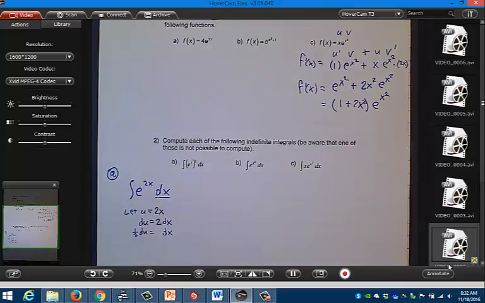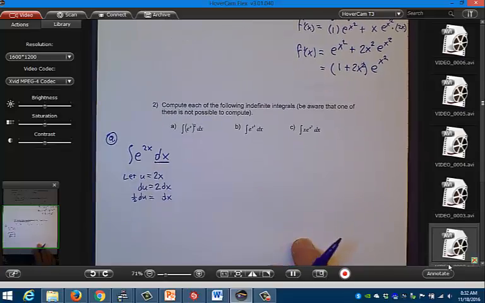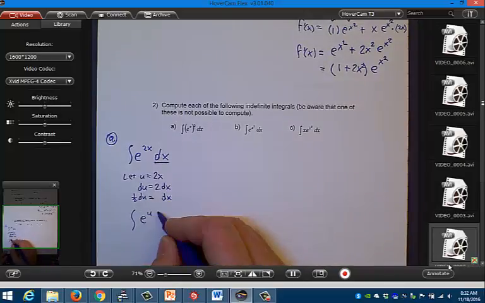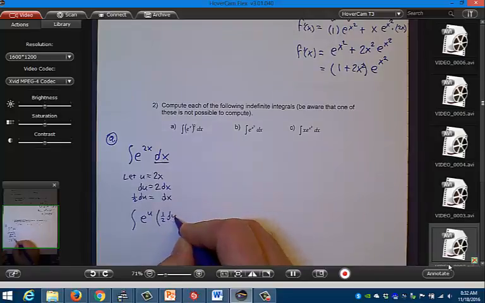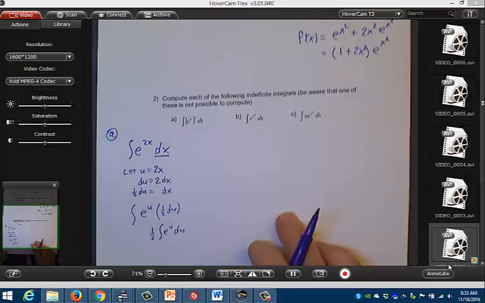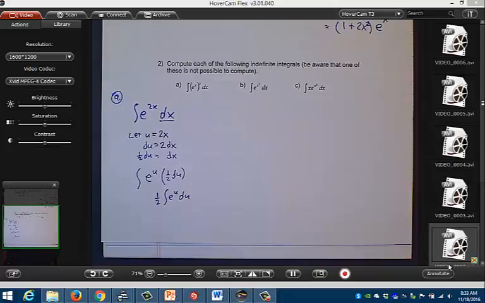And so you might begin this problem by rewriting it and saying, okay, this is the integral of e to the u times 1/2 du, right? Or 1/2 the integral of e to the u du. Because you can always bring constants out front of an integration sign.